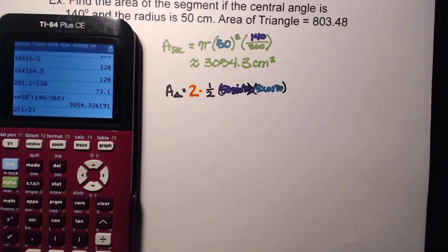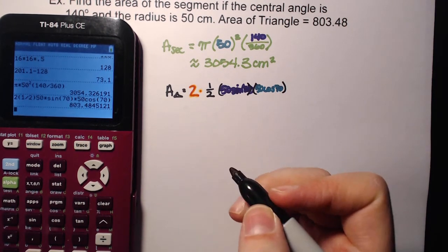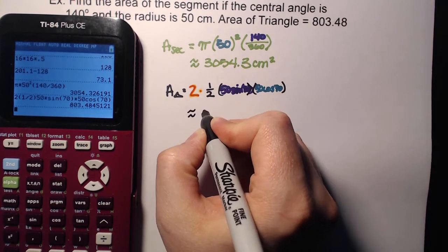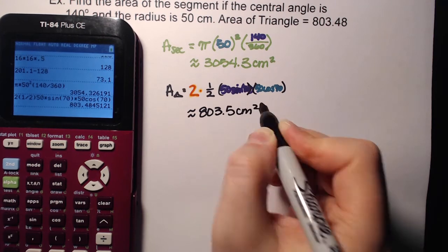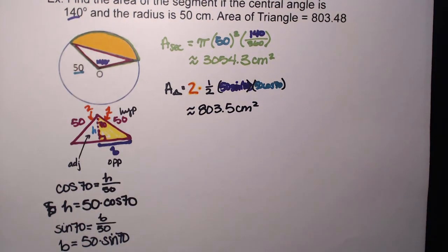And then I'm going to do times 50 times sine of 70, close the parenthesis, times 50 cosine of 70, close the parenthesis, and we get 803.48. So round.